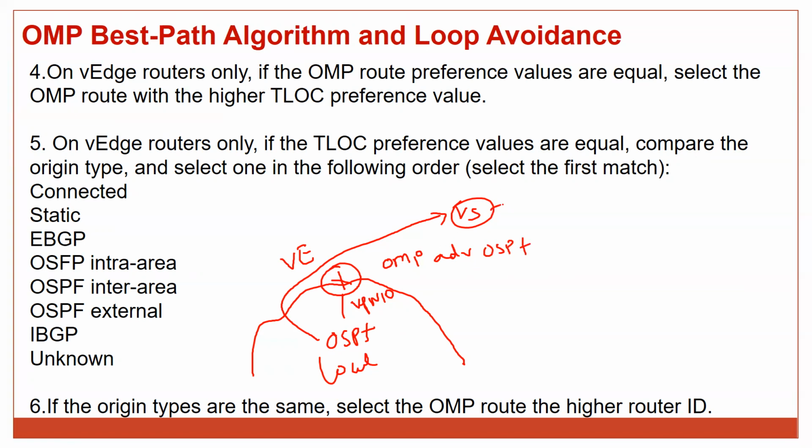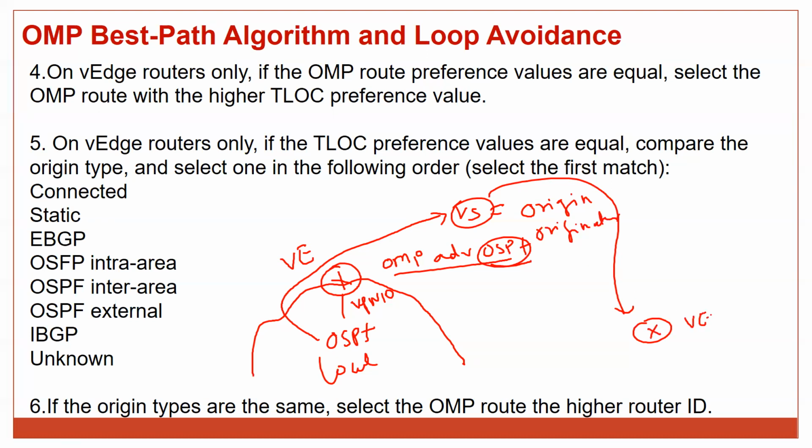Now vSmart will learn these routes with these attributes. So it will know what the origin is, who the originator is. vSmart knows all this information while sending these updates to other devices via OMP. So now what will happen is that this particular device, suppose this is vEdge 2, when it receives the routes, it will know only that it is getting all those routes via OMP.